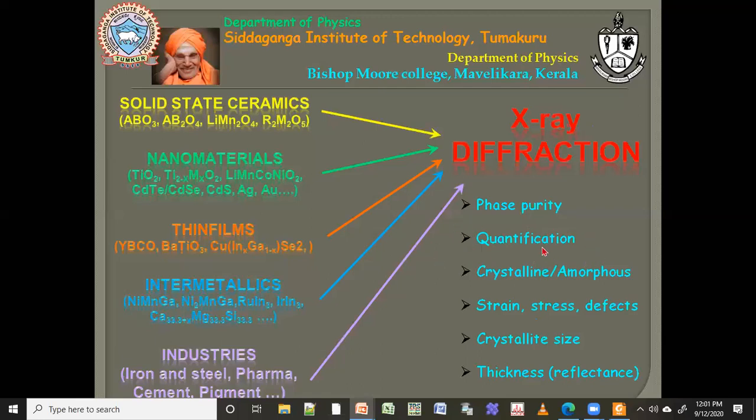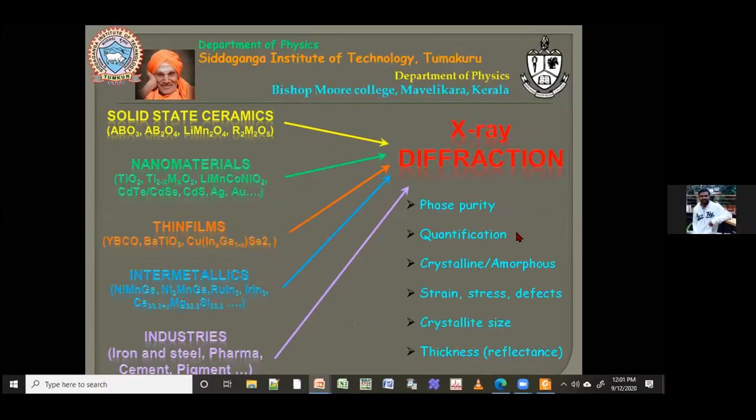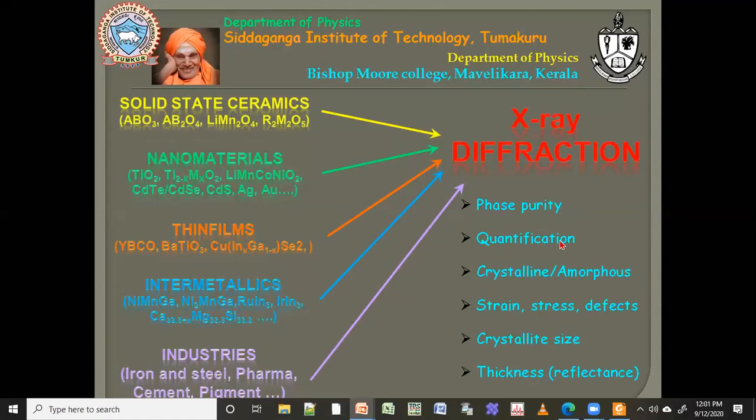What is the weight percent of titanium oxide? What is the weight percent of zinc oxide? Those quantifications we are going to do by Rietveld refinement, so that you are going to learn in this workshop. You will also learn about some crystallinity, so I will try to cover this. And stress strain, it was asked by the organizer, so I will try to cover this, and crystallite size for nanoparticles. So these things I'm going to cover.